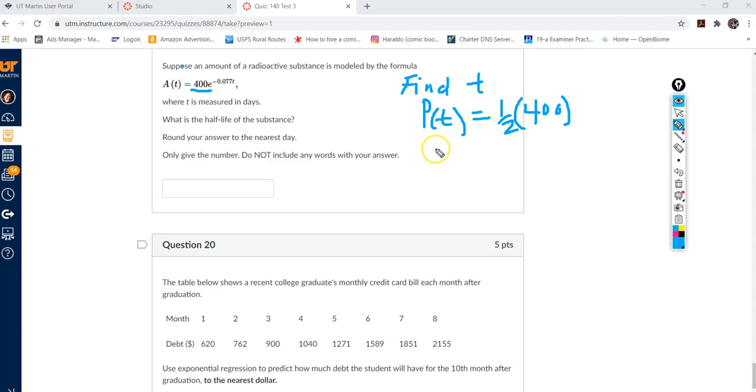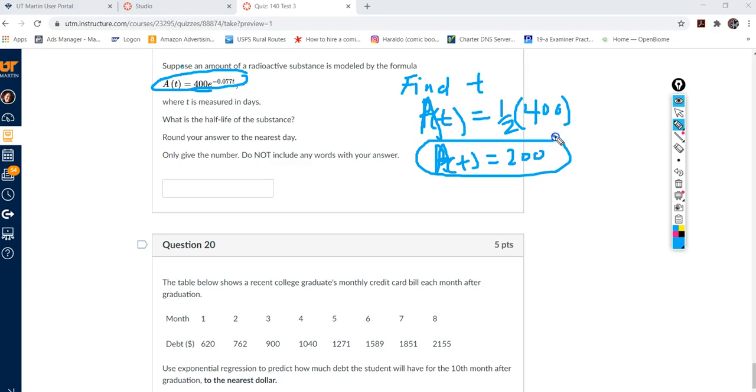So find T when A of T is equal to 200. They're using an A, okay, fair enough. So here's a formula for A of T, and here's a formula for A of T, so you set them equal to each other.